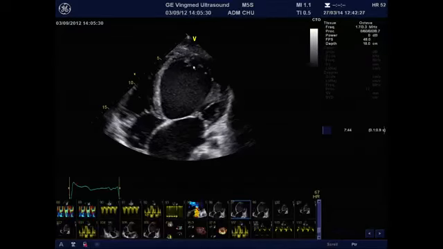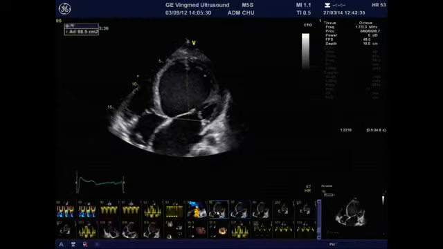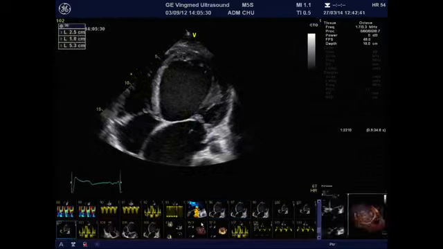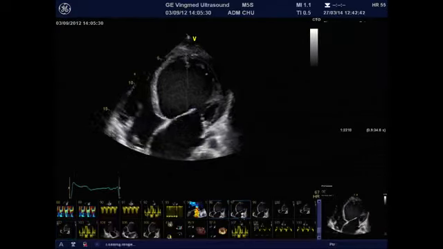In these patients, we have two conditions. We have a severe global left ventricular remodeling that can be quantified by the left ventricular volumes, and we will see later on how we can assess all the measurements regarding the ventricle.